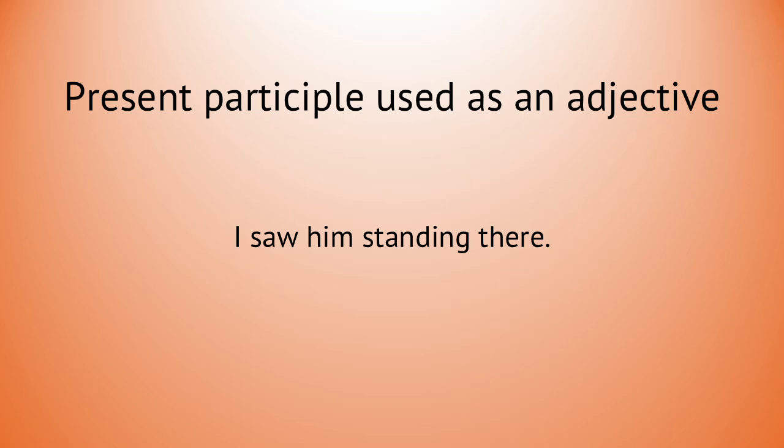Standing and sitting can also be used as adjectives. For example, in the sentence, I saw him standing there. And there is one more context to add to this, which also adds to the confusion. Stood and sat can be used with was or were as the object instead of the subject of the sentence.